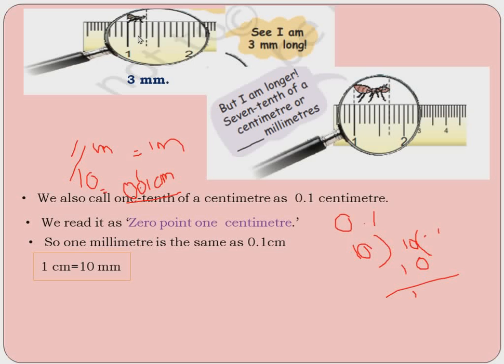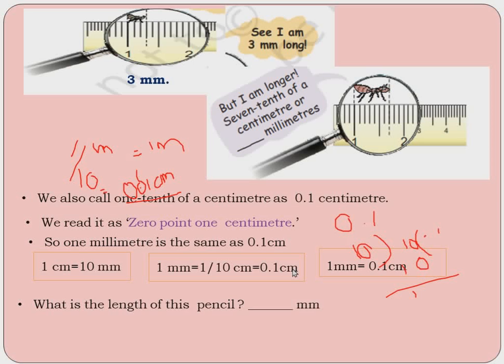Each 1/10, that is the 10th part, is 1 mm. So 1 centimeter is divided into 10 parts. So 1 centimeter is equal to 10 millimeters. So 1 mm is equal to 1 by 10th of a centimeter, that equals 0.1 centimeters. Or we can say that 1 mm is equal to 0.1 centimeter.